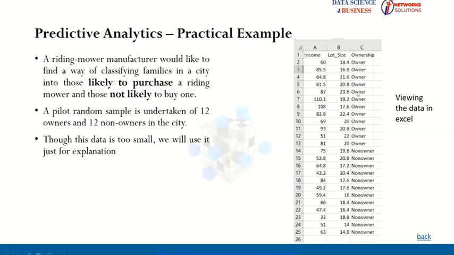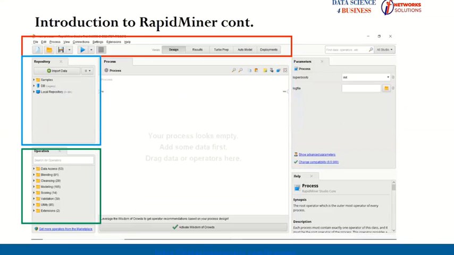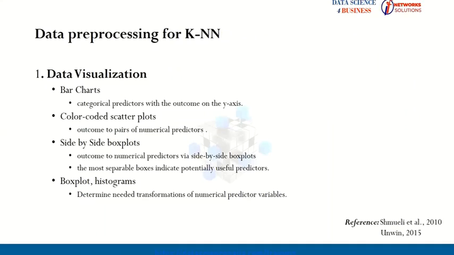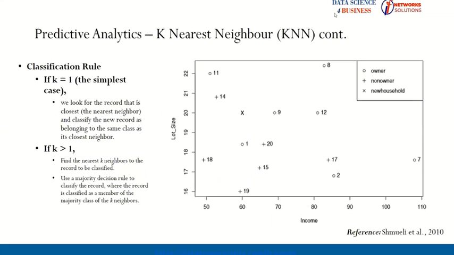So let's assume that we have been able to divide this into training data, and that is what we plotted on this particular output. We have this X, and we want to determine the category that this X will belong to.